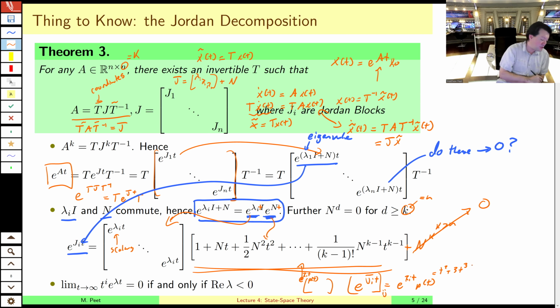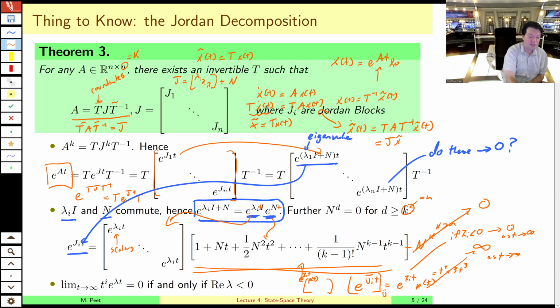And of course, the important part is that exponentials decay much faster than polynomials increase. So the polynomial part goes to infinity as t goes to infinity. But the exponential, assuming lambda is less than 0, goes to 0 as t goes to infinity.